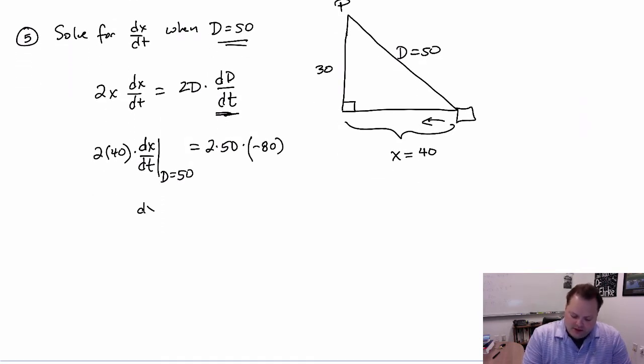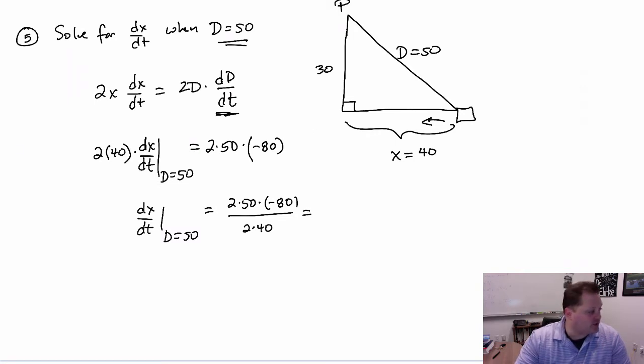Okay, we're almost done. I can then solve for the rate. We'll just throw that into a calculator real quick. And if we calculate all those values, it will give us negative 100.